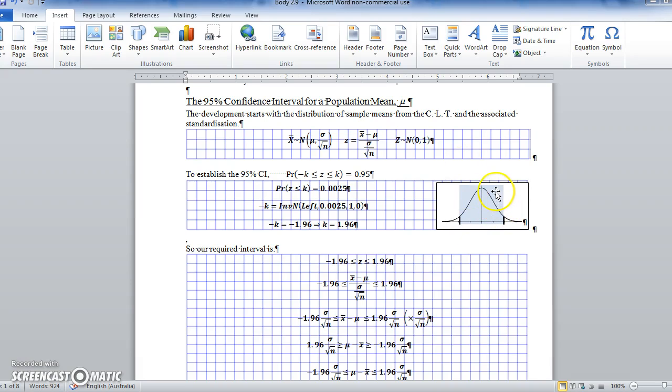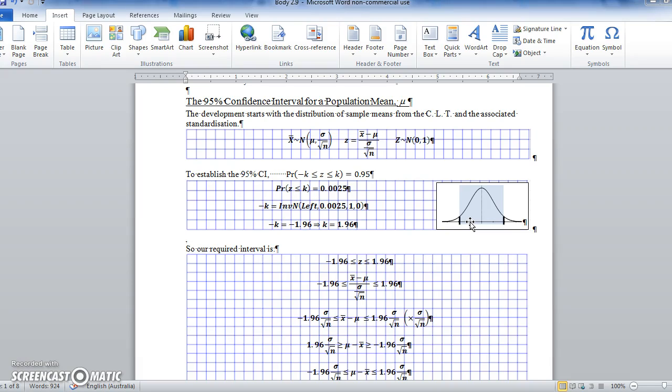Alright, let's get going. Okay, so you remember that last time I talked about why we call it a 95% confidence interval. It's because we take the Z distribution and work out the two boundaries with 95% of our area in between those two boundaries. And if we increase the percentage area that we have in between, then we get a bigger interval, and so that gives us less information about our population mean.